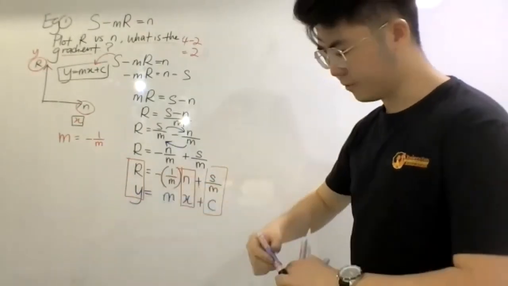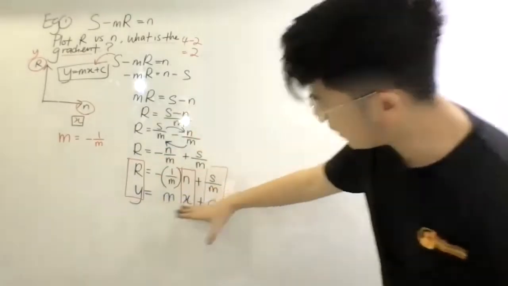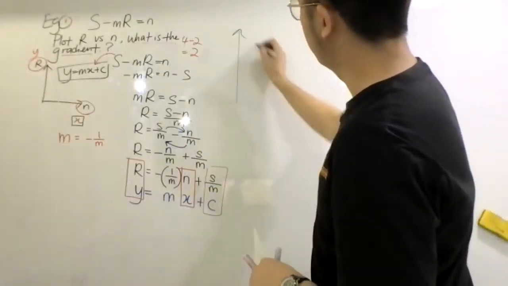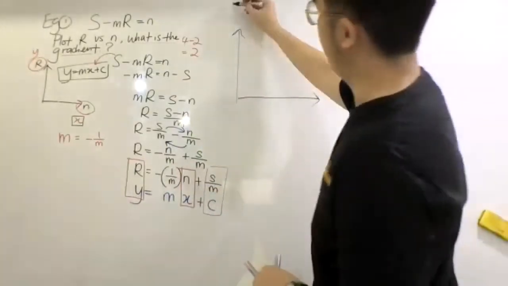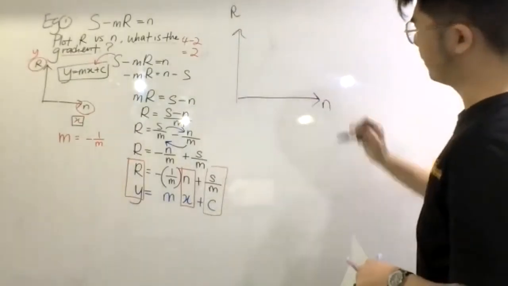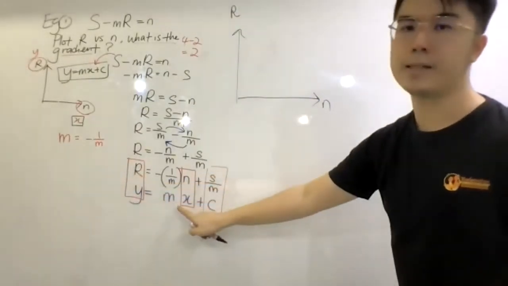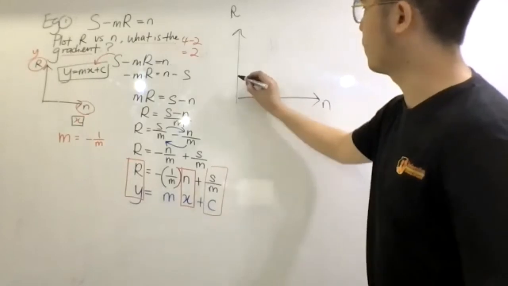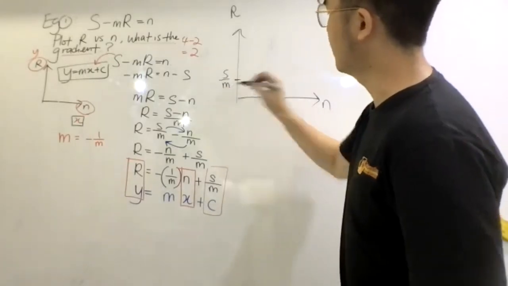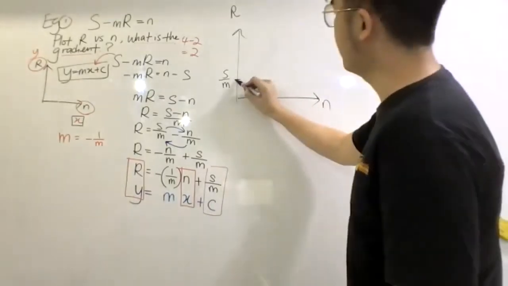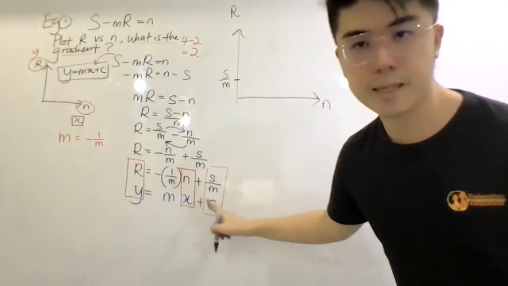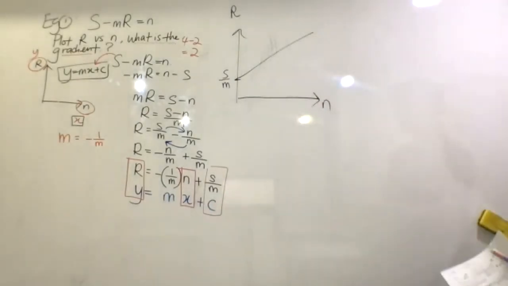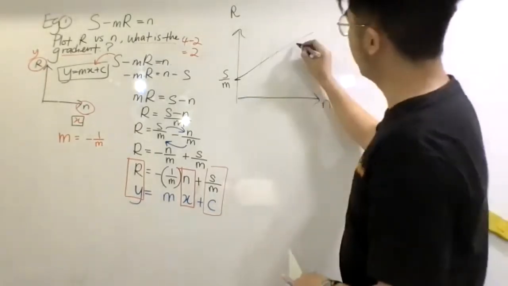That means using this graph, 因为我已经把它变成 y 等于 mx 加 c，所以我可以 plot 一个 straight line graph，r against n。OK，我的 y axis 是 r，我的 x axis 是 n，然后我的 y-intercept 是 s over m。I just label somewhere here s over m。然后我的 line 就是 y equals to mx 加 c，对吗？straight line。So gradient is what?